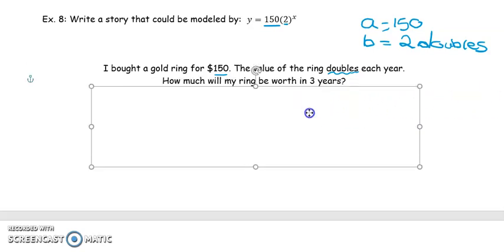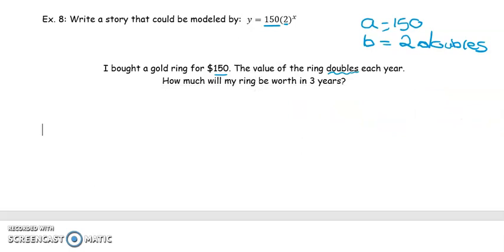With that, I then went a little bit farther and I put a problem and I said, how much will my ring be worth in 3 years? If we wanted to solve this, all we would be doing is saying, what is this function when we plug a 3 in for the x, which is our exponent right here, and then let our calculator help us do the math, and we would get that my ring would be worth $1,200 after 3 years.